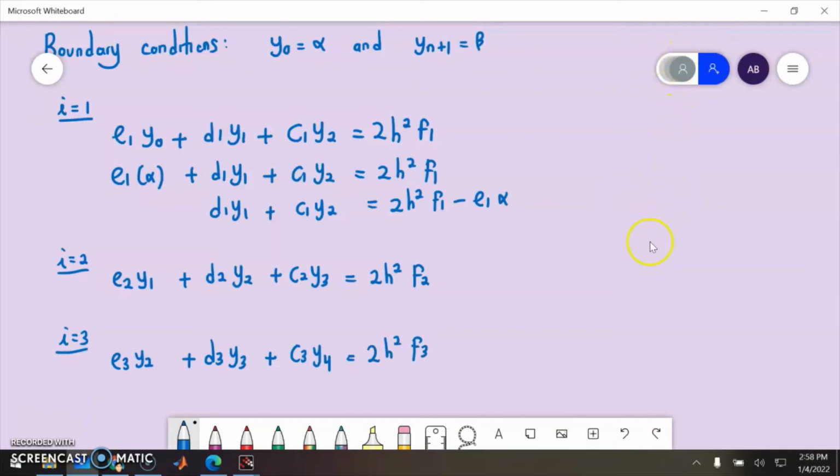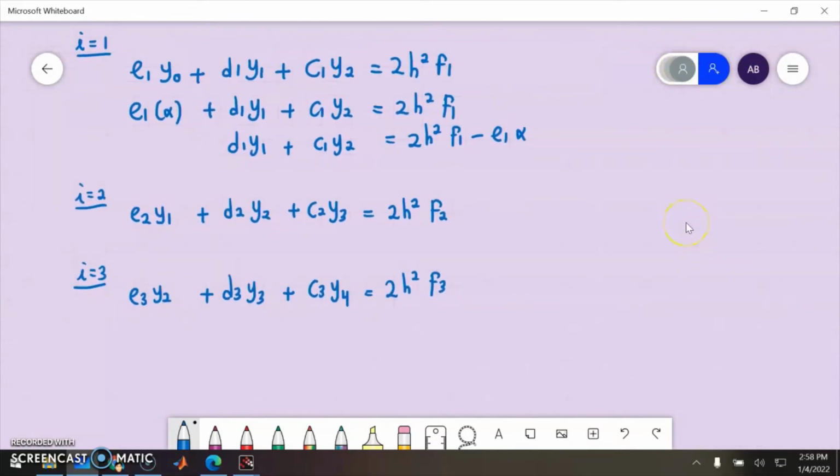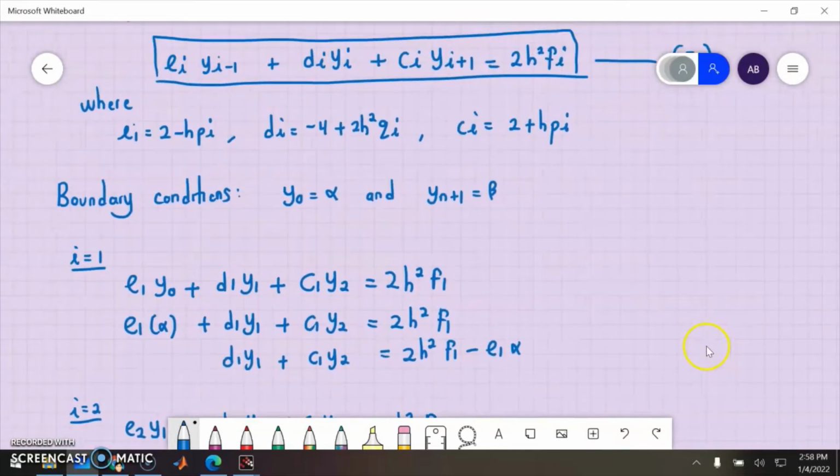So we can see that the pattern continues up to I equals n. Let's say for I equals n, we'll be careful here. What do you get?